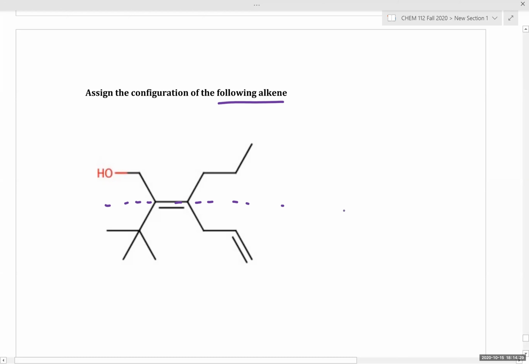So let's take about 2 to 3 minutes to work on this example, and then we'll come together as a group to discuss. I'd like to see in the chat your proposed assignments for the stereochemistry of the following alkene. If possible, you can share your priority assignments using the annotate tool on our shared class whiteboard.